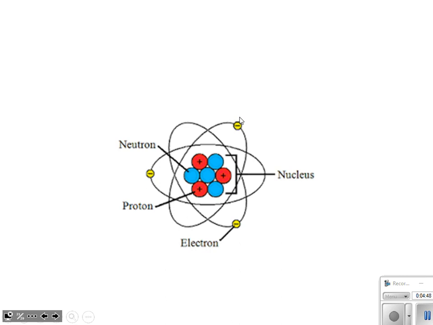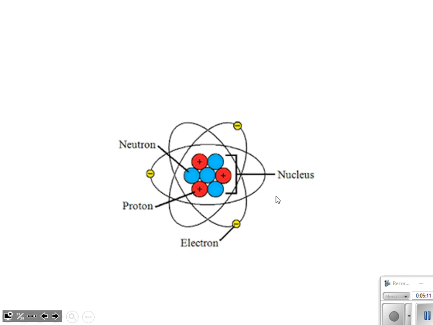So in this model, we've got electrons orbiting the nucleus, the blue spheres represent neutrons, and the red ones represent protons.